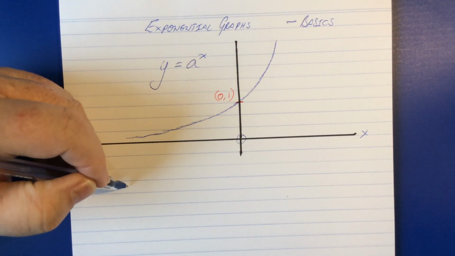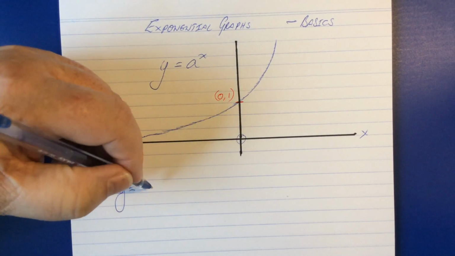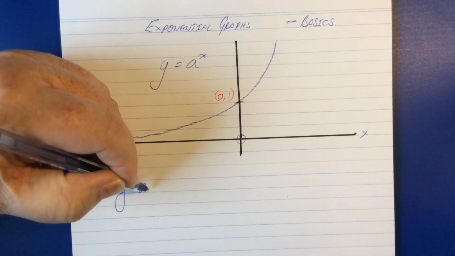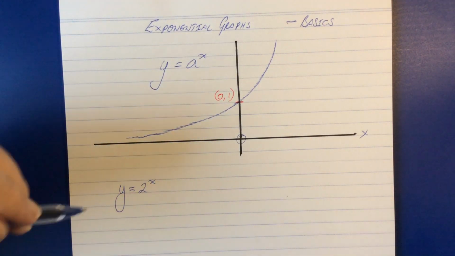And so I'm going to take this equation, y equals 2 to the x, because powers of 2 are easy to do.